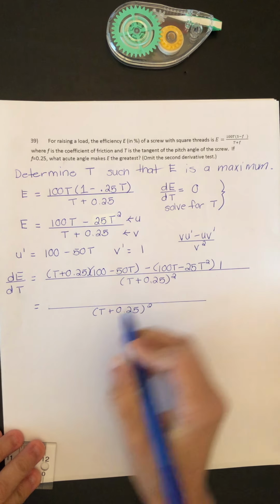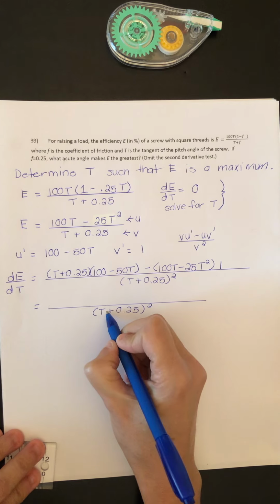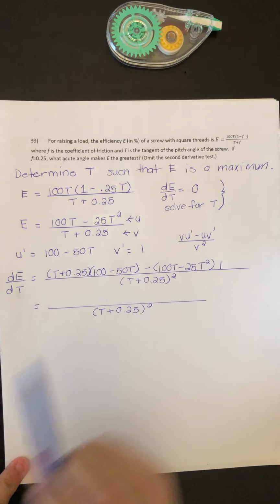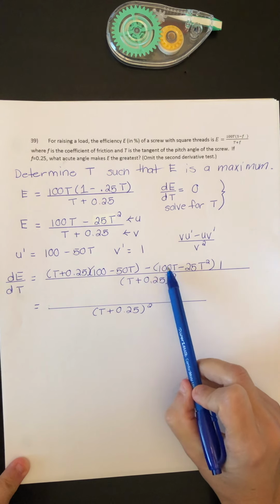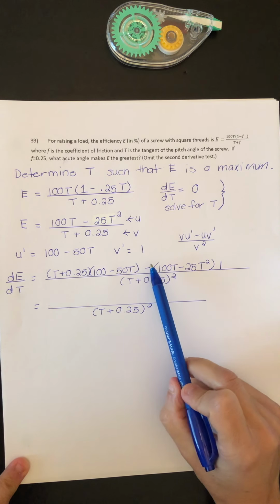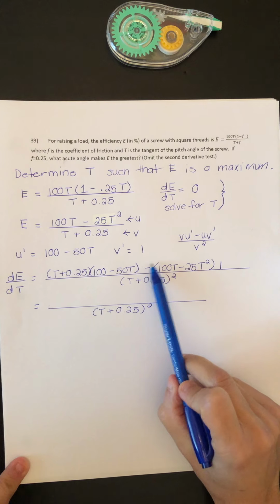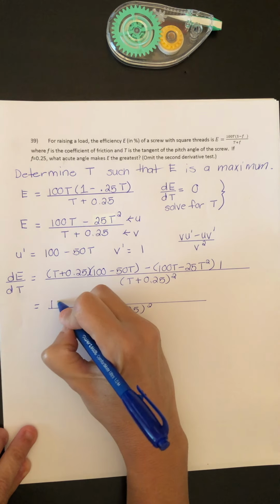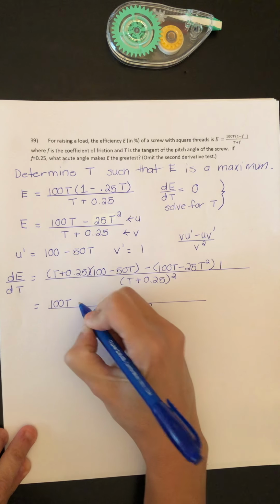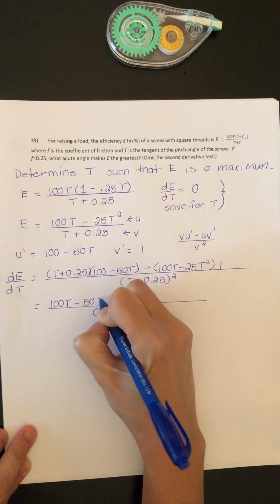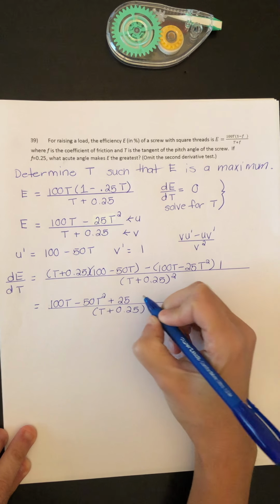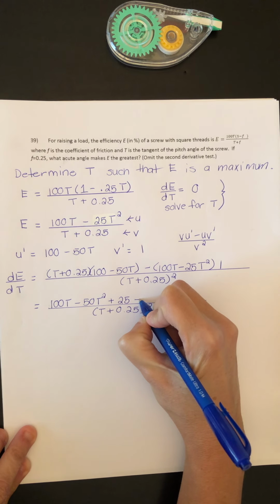I think I'll leave the bottom just like this, but in the top here, let's multiply these two binomials together, and then let's multiply this binomial by -1. When we multiply the two binomials together, of course we have to do first, outside, inside, and last.